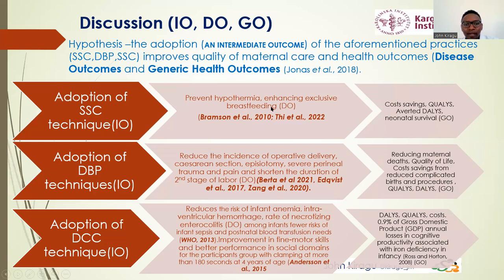And further to disease outcomes, the adoption of skin-to-skin care has also been linked to enhancing cost savings, averting disability-adjusted life years, and neonatal survival, which are generic outcomes that can be used for cost effectiveness comparisons and cost utility comparisons.